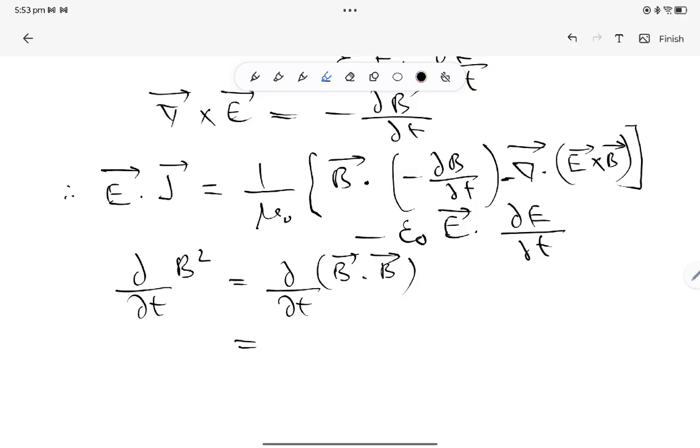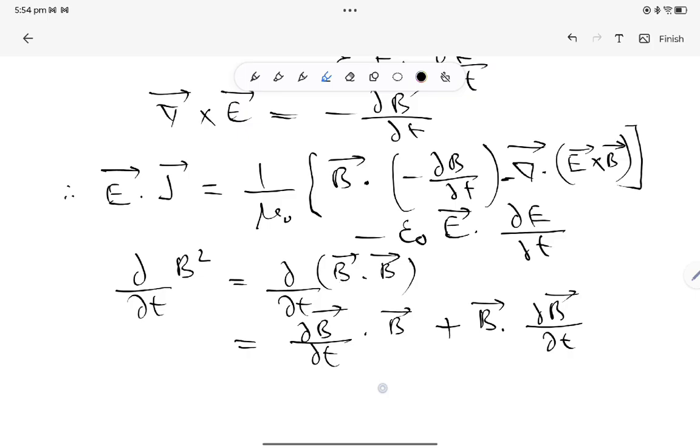Now we can use the U into V rule from differential calculus. We differentiate one B and keep the other B as such, then put the first B there and differentiate the other. Since dot product is commutative, we can simply write it as twice B dot del B by del T.